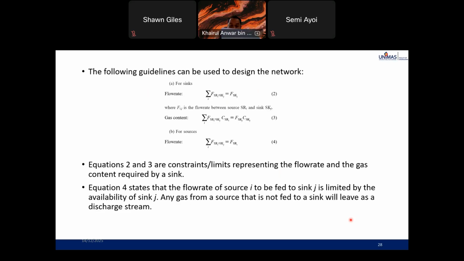Flow rate. The flow rate of source SRI is in kg. Gas content, the same for the source flow rate.